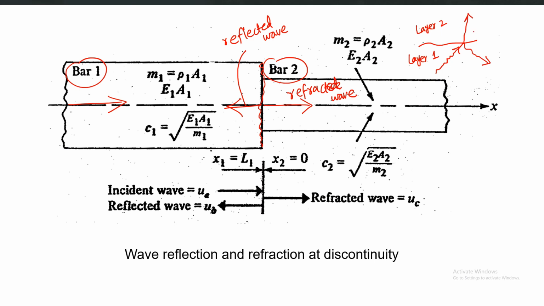So this is refracted, and this is reflected. Similarly, you may have several layers, layer 1, 2, 3, 4. At each interface there will be the same phenomenon. There can be waves which follow a specific path, maybe like this.